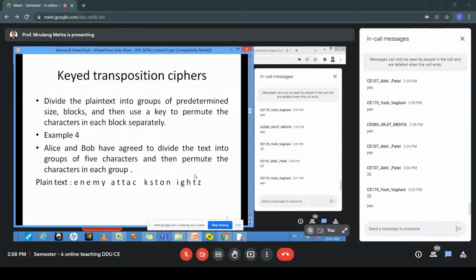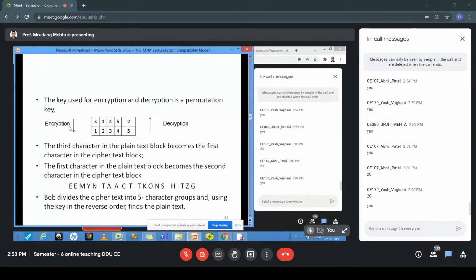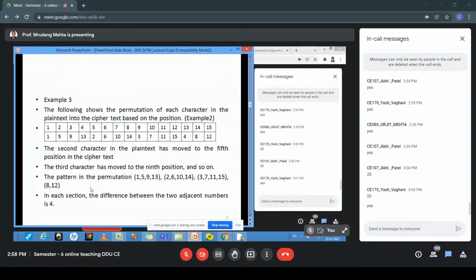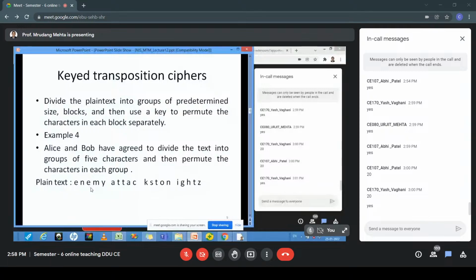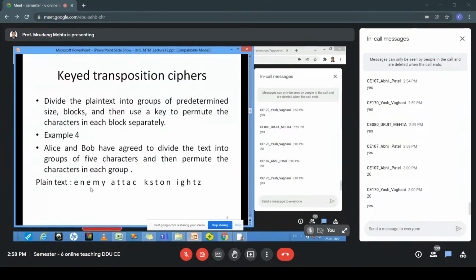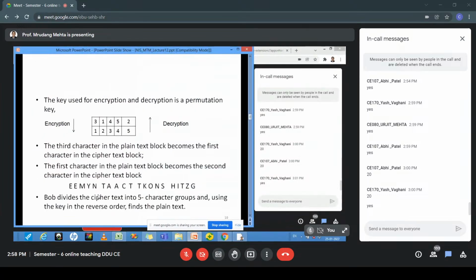Okay. So what we are doing is using the permutation key. The key is 3, 1, 4, 5, 2.